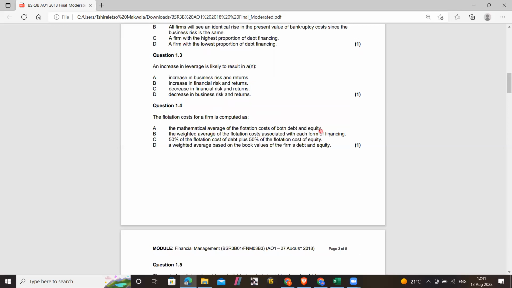I will explain it in question 3. We're going to do question 3 now, which explains flotation cost, because we're going to have to know them. But just know that flotation cost for a firm is the weighted average flotation cost, not the mathematical average. 50% debt, 50%, this one is wrong, right? Yeah.